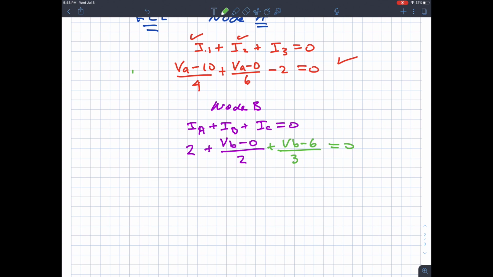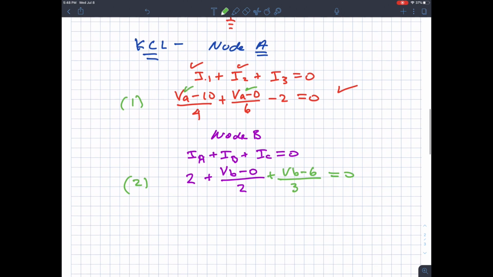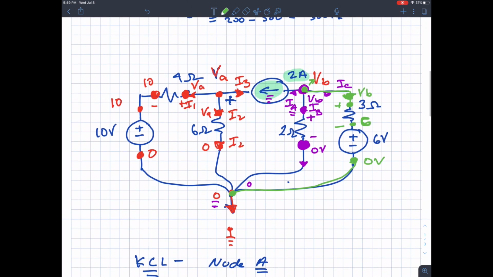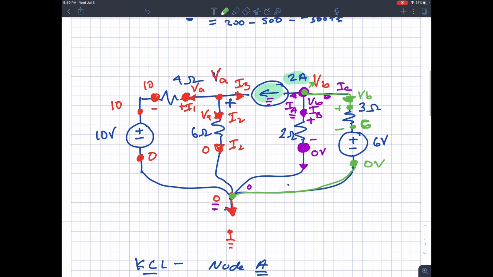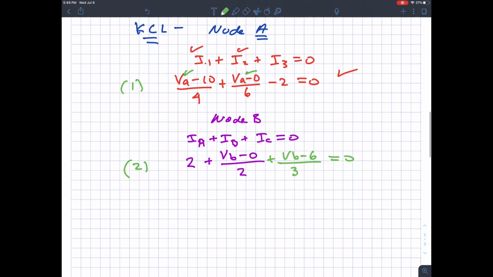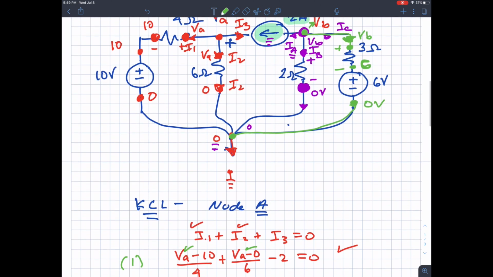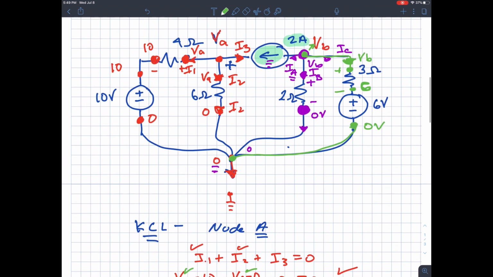We have one equation here, we have a second equation here. VA and VB are unknowns. In this case, it's pretty simple because they're single equations that let you solve them. I could solve this pretty easily for VA and VB. So that's the node voltage technique illustrated with a simple problem.